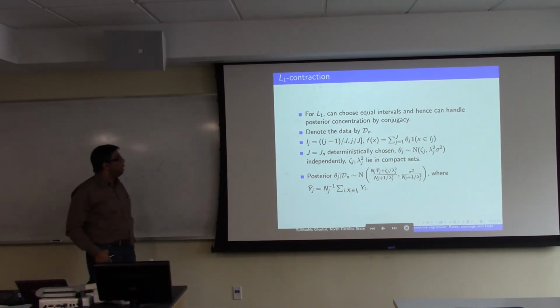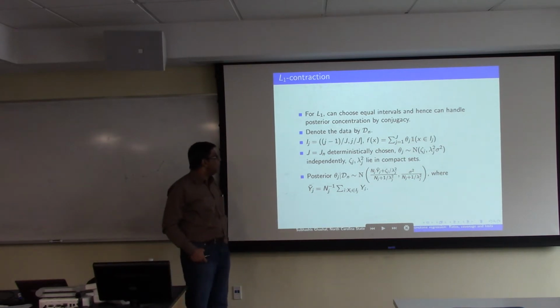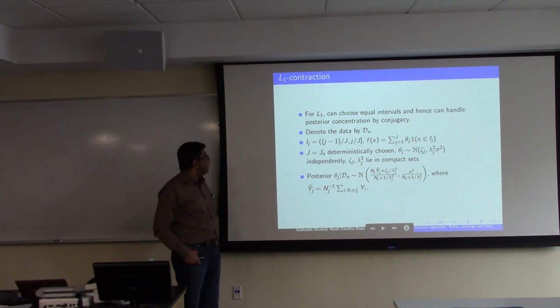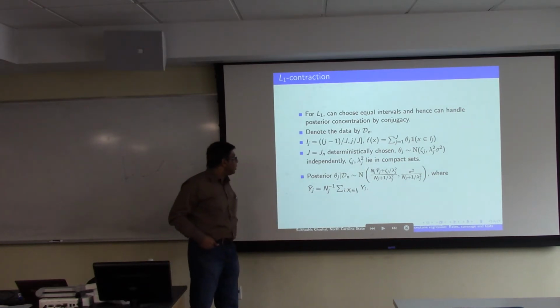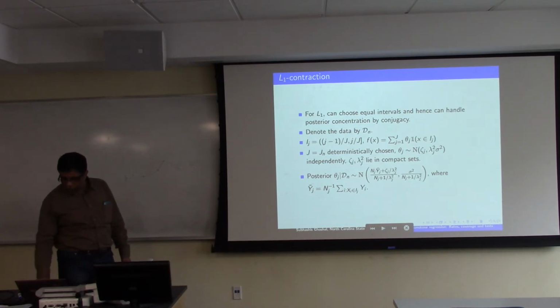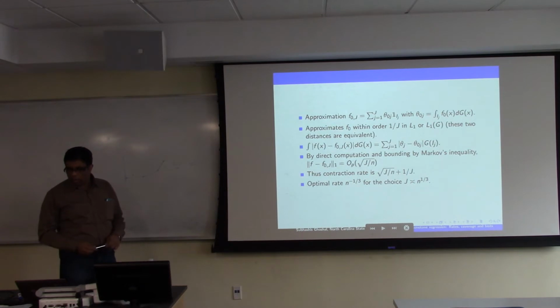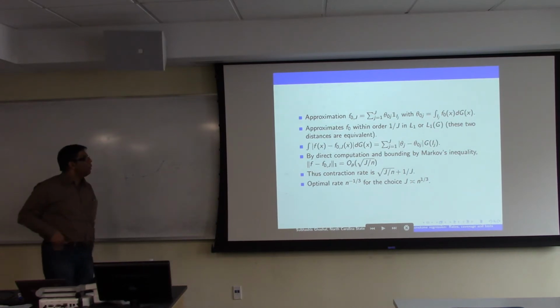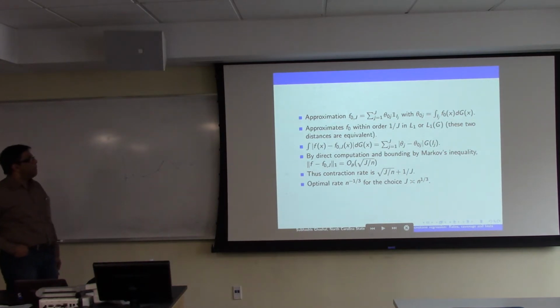In this case, you can take j to be deterministic. In fact, we'll see what j works. Then you have a conjugate posterior, whose expressions are given by this normal. We know that the approximation rate with the step function is 1 over j.